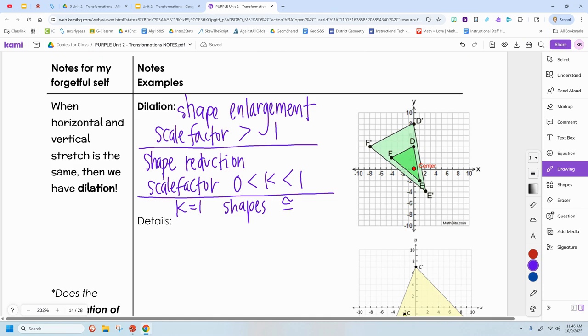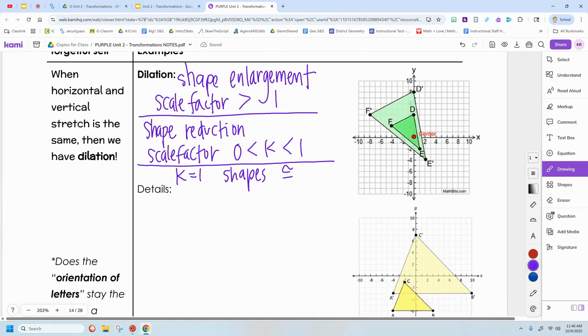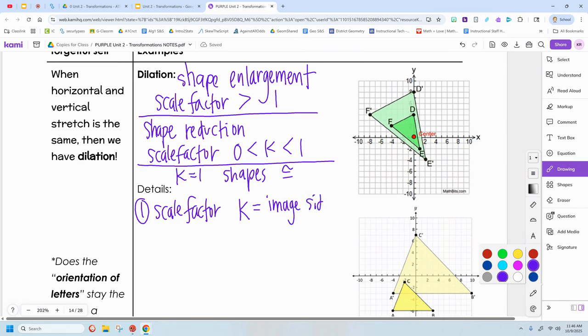All right, so the details are that scale factor. The first detail is scale factor. The letter k is kind of dedicated to that scale factor. And the formula for finding it is taking the length of an image side and dividing it by the length of a pre-image side.